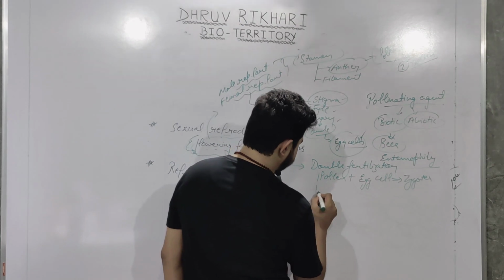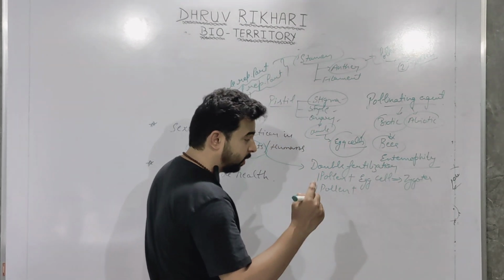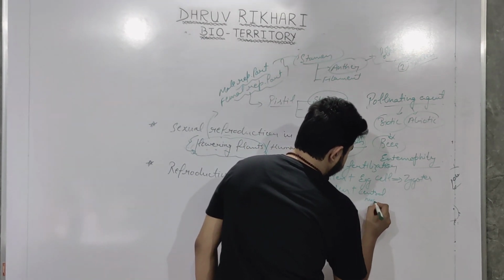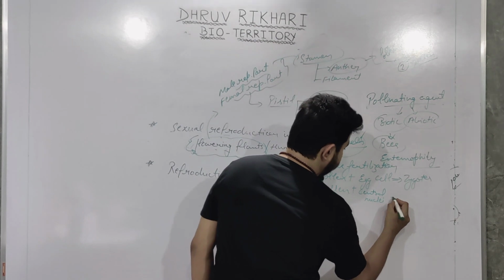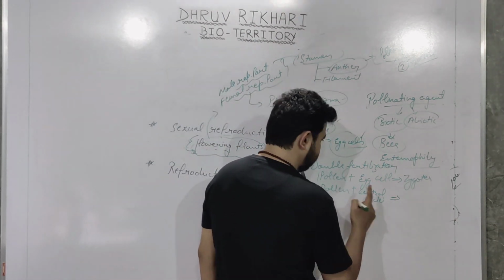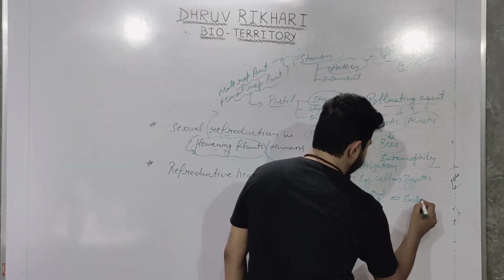The second pollen will fuse with the central nuclei, right? So this fusion is forming endosperm.